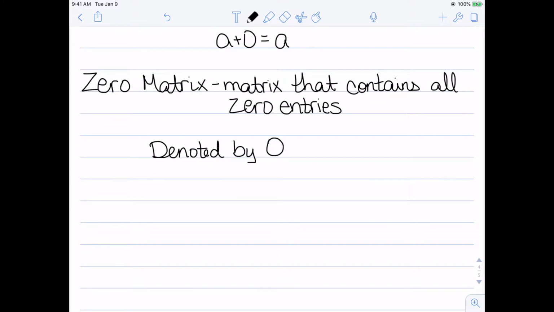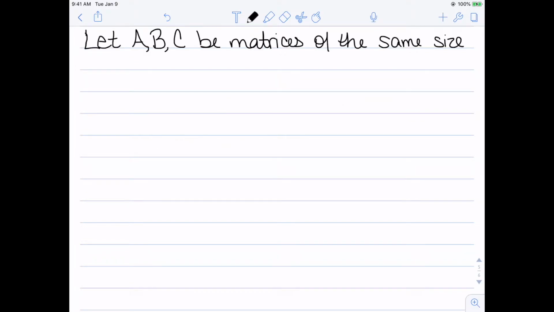Now that we have the idea of the zero matrix, let's look at some of the basic properties of matrix addition. I'm going to start by letting A, B, and C be matrices of the same size. So we can actually add and subtract these three matrices. They all do have the same size. My first property says that A plus B is equal to B plus A. So the commutativity property for matrices.